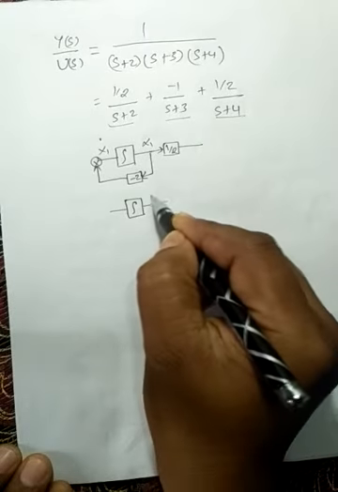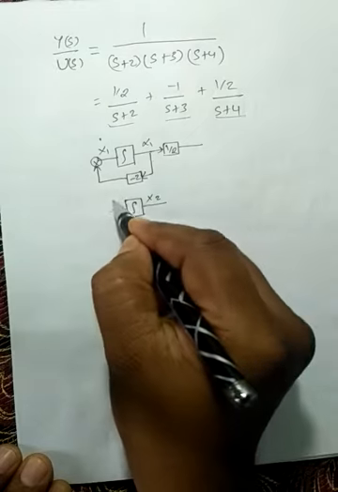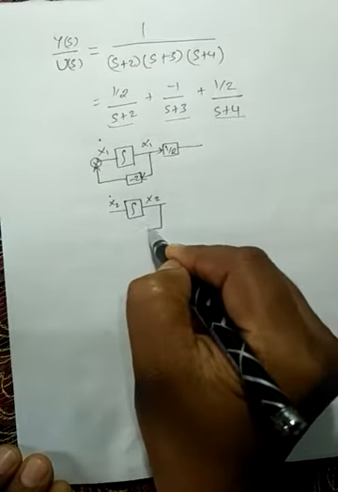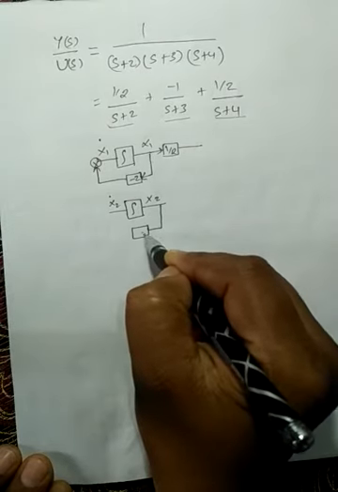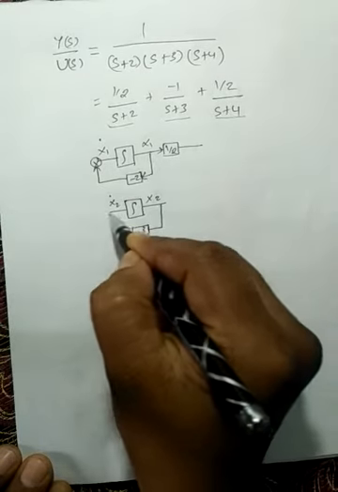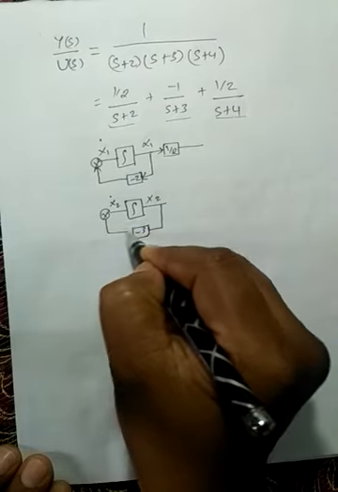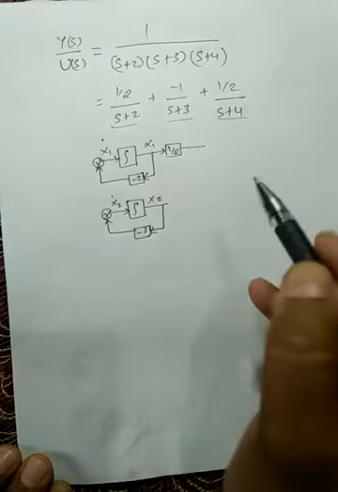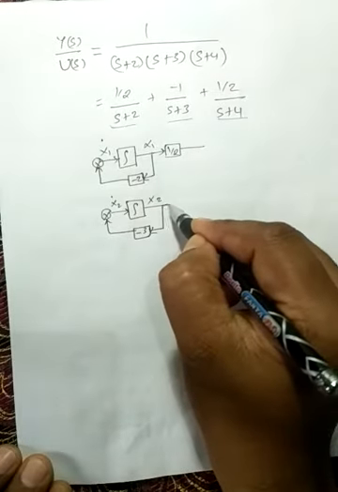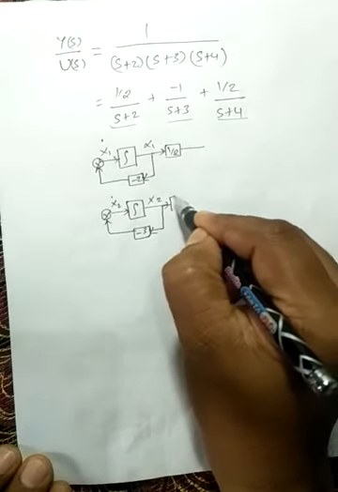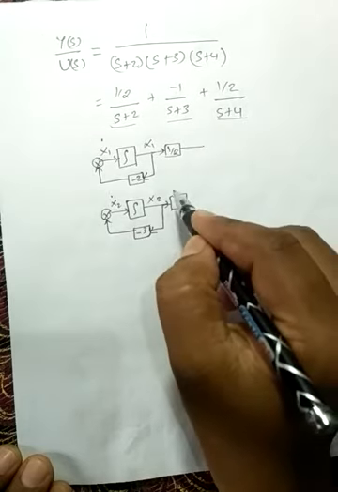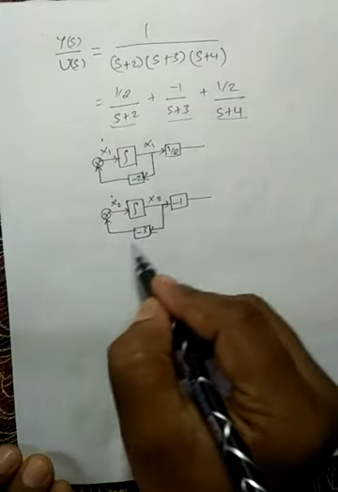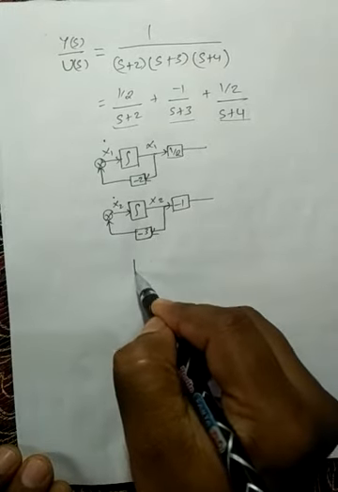Here we have x2 and here x2 dot, and from here a feedback of minus 3 is added here, and from here I multiplied a transmittance of minus 1, and again an integrator.